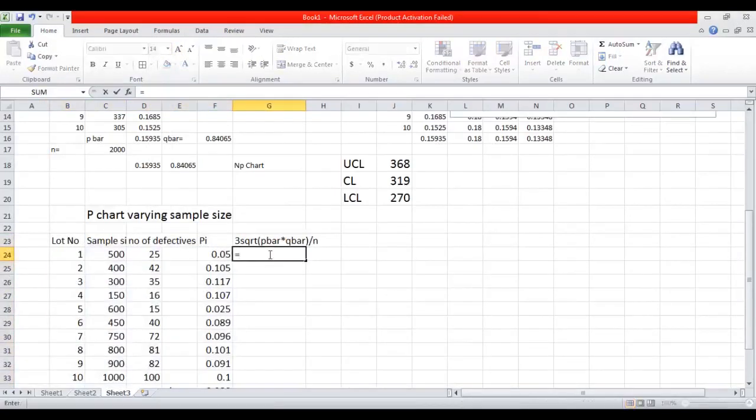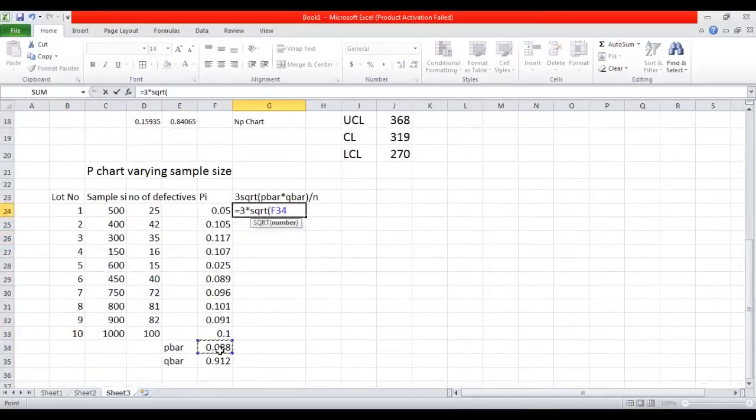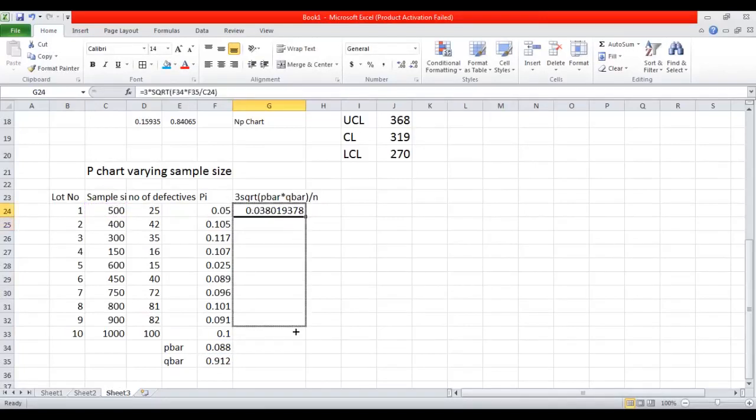So how will we find this value? 3 into square root of P bar value divided by, P bar into Q bar divided by N value, the sample size is this one. Now close the bracket, and we get 3 into square root of this value. Similarly, for all the samples, you find this value.